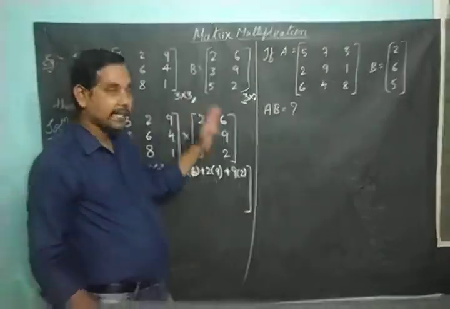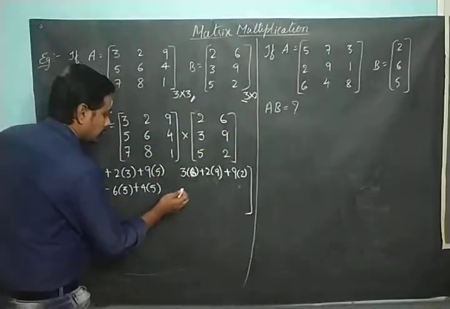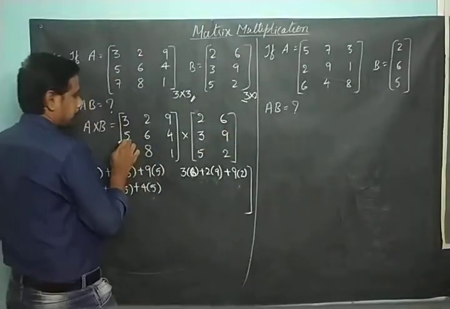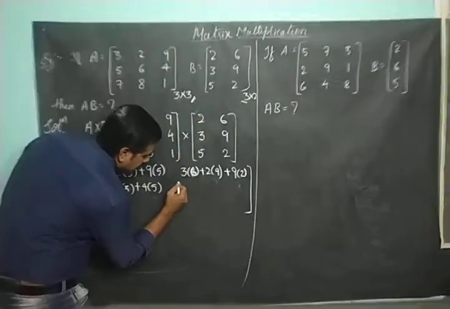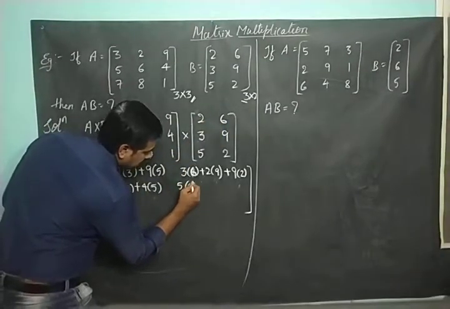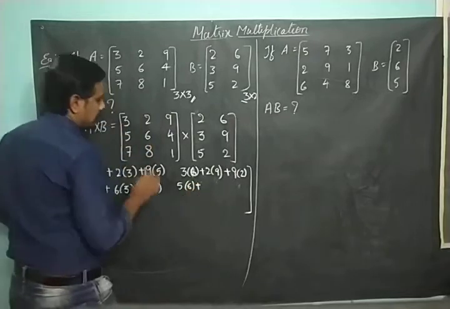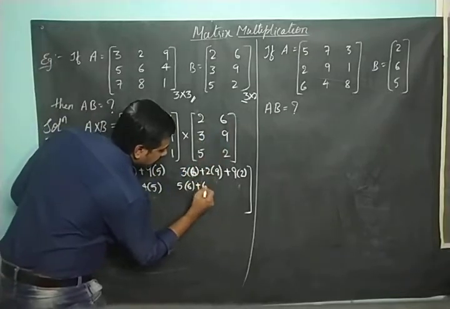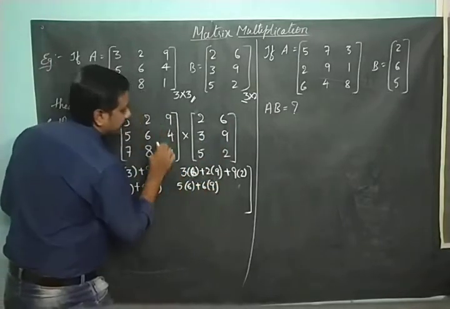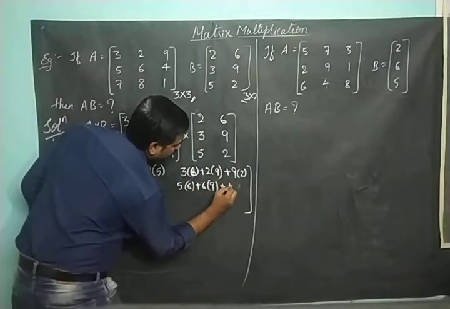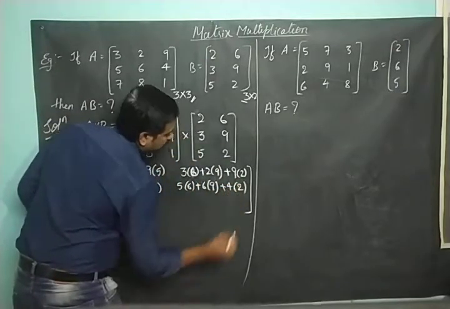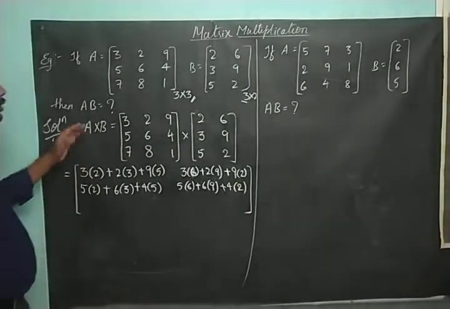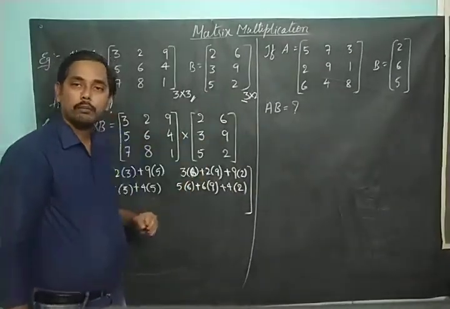Let us multiply the second row with the second column. So 5 will be multiplied with 6, 6 will be multiplied with 9, then 4 will be multiplied with 2. Now we have multiplied the second row with both the columns.